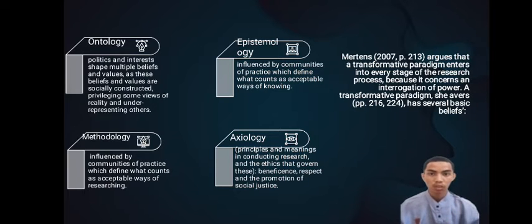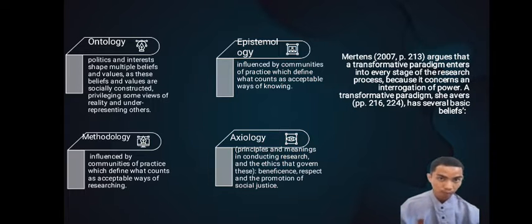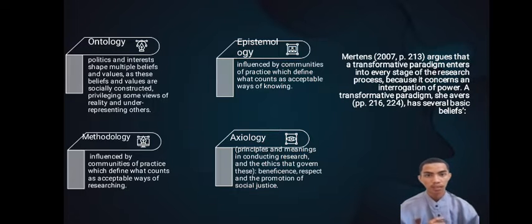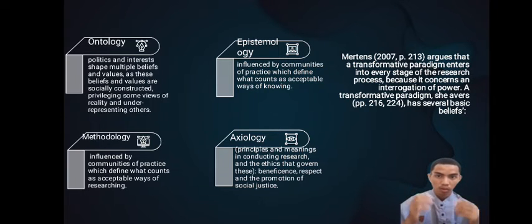The first is ontology, the nature of reality or of a phenomenon. Politics and interests shape multiple beliefs and values, as these beliefs and values are socially constructed, privileging some views of reality and disadvantaging others.